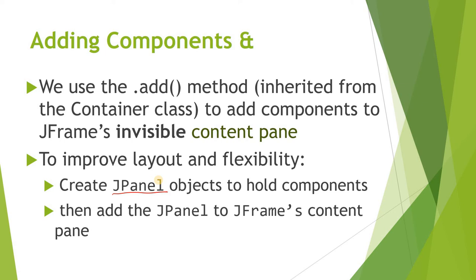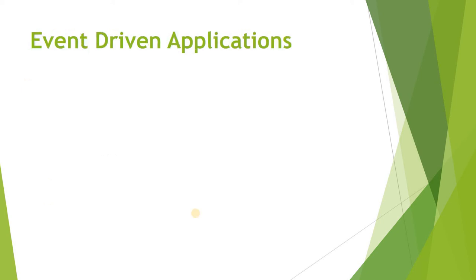You can add a bunch of different components to that panel, and then you can add the JPanel to the frame. You can add multiple panels to the frame using what we call a layout manager to make the GUI look prettier. Today's example is not going to use a very fancy layout manager. It's just going to use a flow layout, which is basically a nothing layout, but it's very simple to use. So that's how we'll start off today.